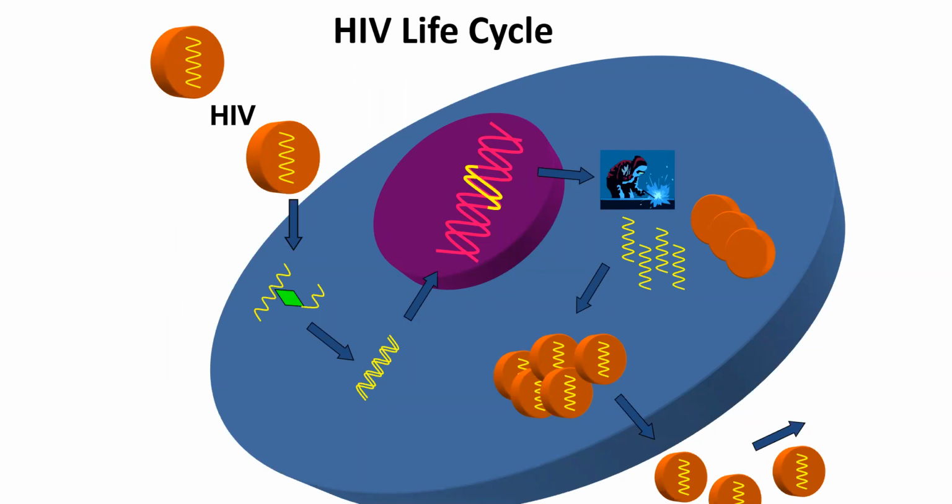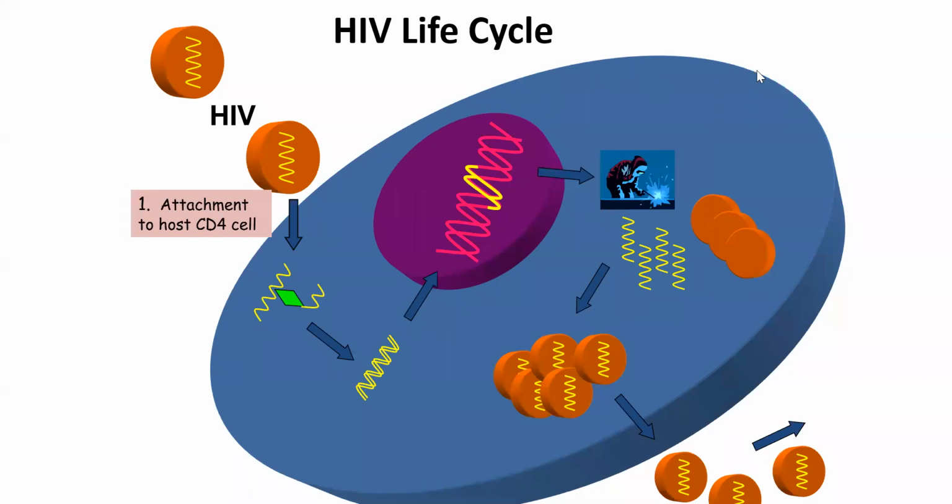So I'll quickly go over the HIV life cycle in terms of some of the steps which happen. So the HIV virus, remember, as we said, this brown thing with the yellow strand, that's our HIV virus. For it to multiply, it uses the CD4 cell.